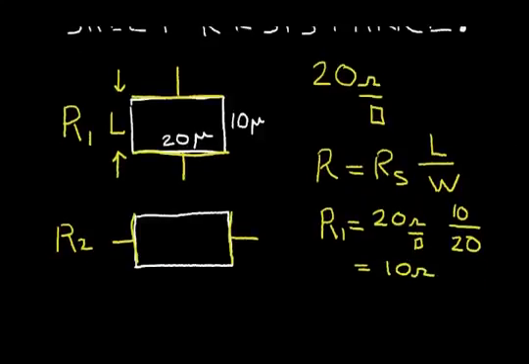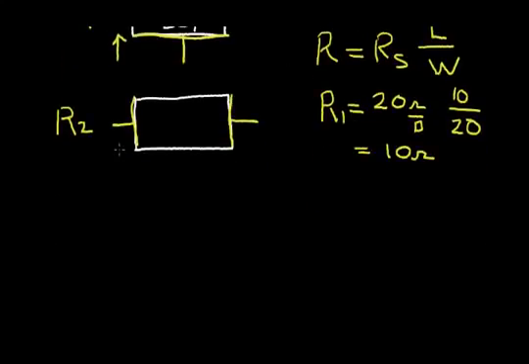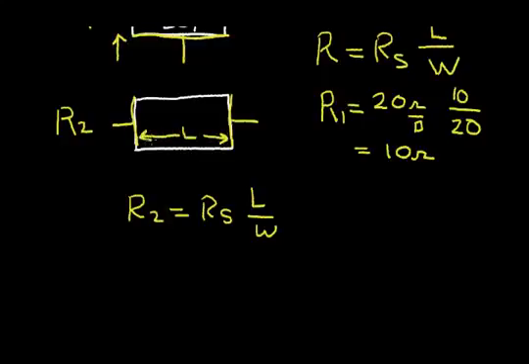Let's do the same for resistance R2. R2 again is equal to the sheet resistance times the number of squares, length over the width. Now here the length is this dimension. It's the direction that the current flows.